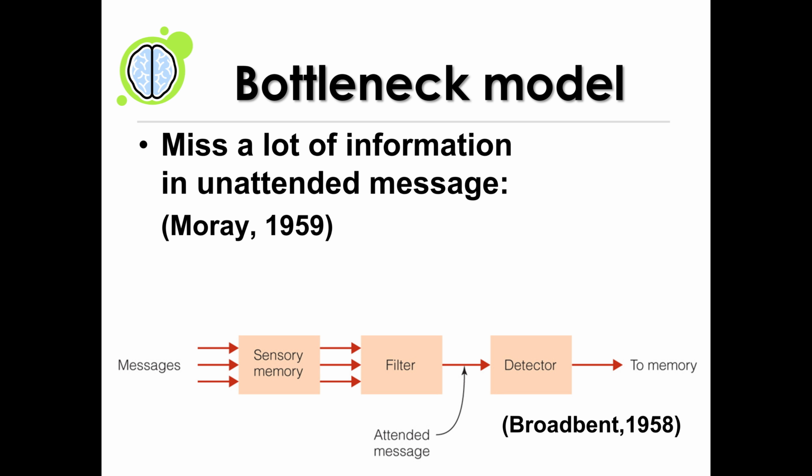It goes to some sort of detector, where the individual is aware of it, and now the person can remember it. So this is the filter. This is an early filter. Why? Because it happens before the detector, before the person's aware of it. The unattended message is filtered out before it can even get to the detector. That's the important part.